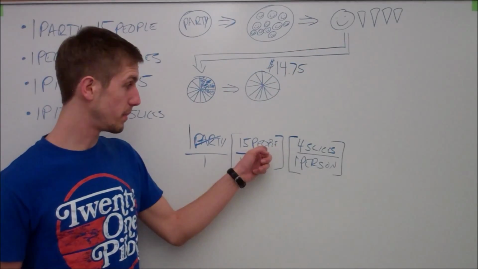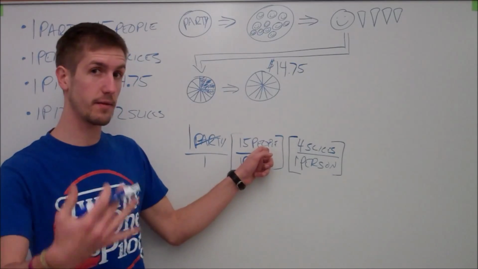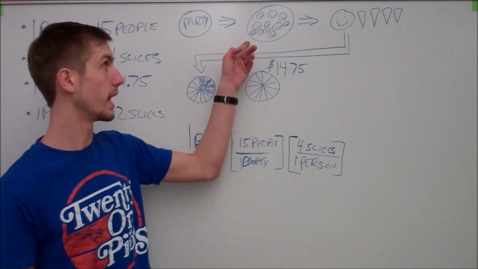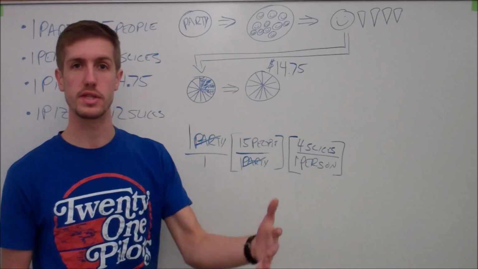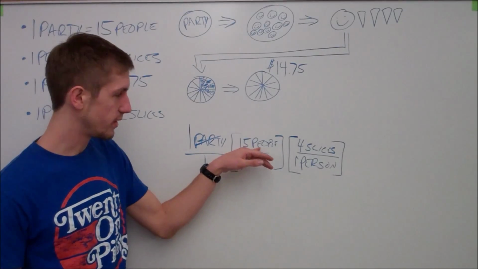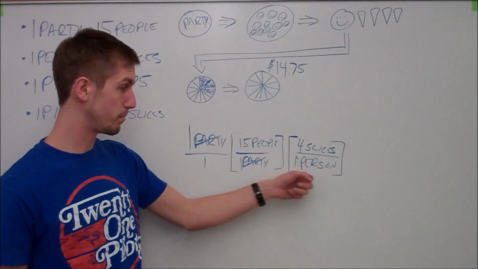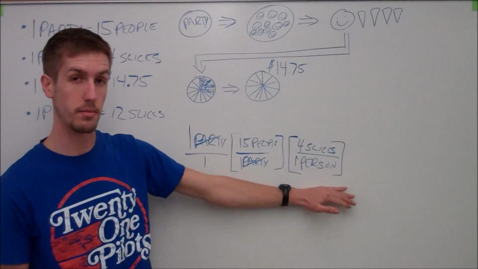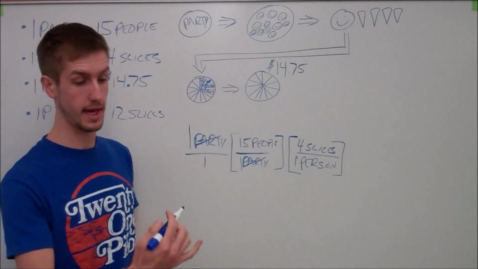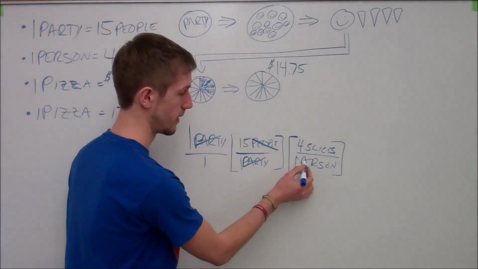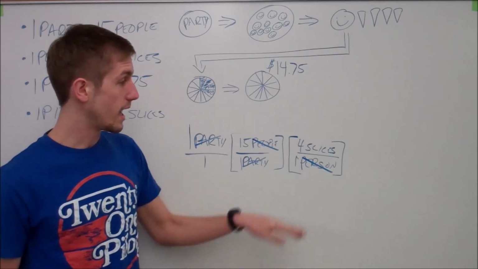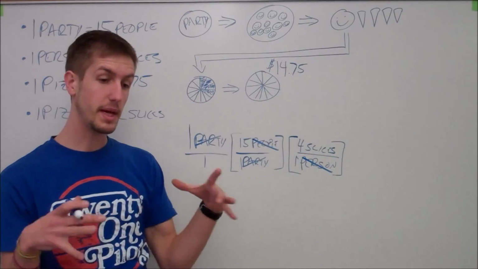And then again, I've got people on top, and I want to get out of the unit of people. I don't want to know how many people I have. I want to know the number of slices that I would need to get. So my person value has to go on bottom, because now I can take my units and cancel them out. Now I need to get out of slices, and I need to find out how many pizzas I need to buy.